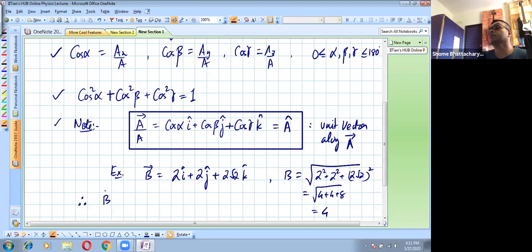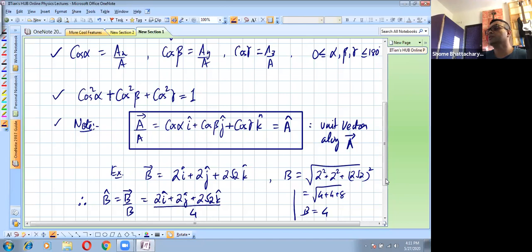So b cap, which is the unit vector along the vector b, is nothing but the vector b divided by its own magnitude. So this becomes 2i cap plus 2j cap plus 2 root 2 k cap divided by 4.